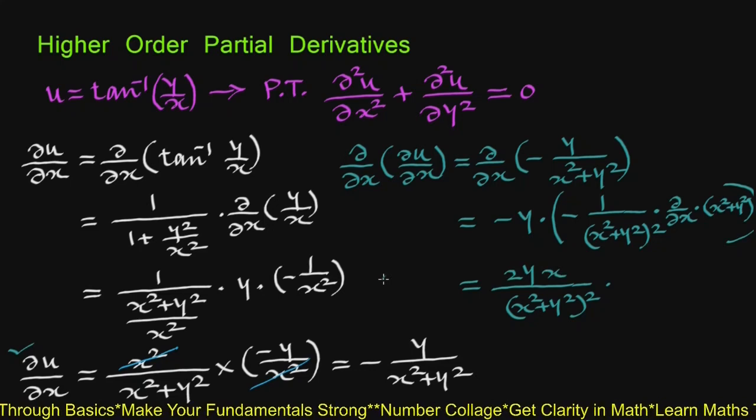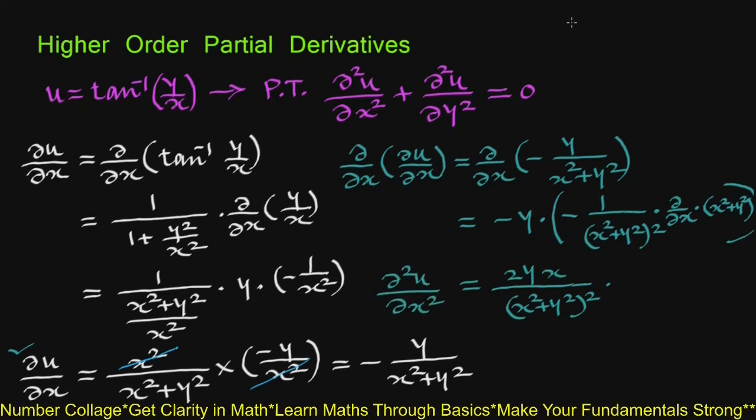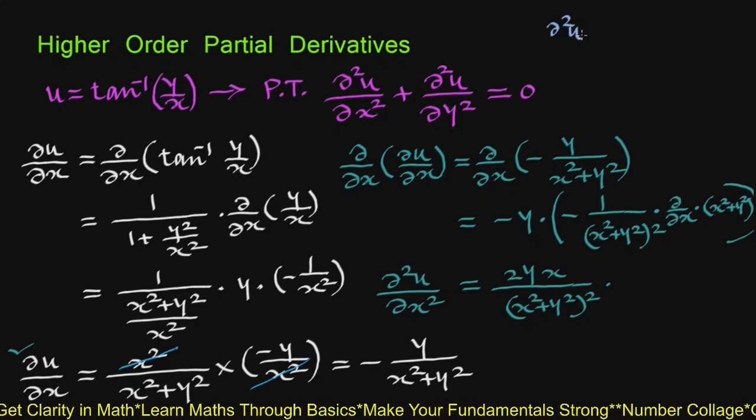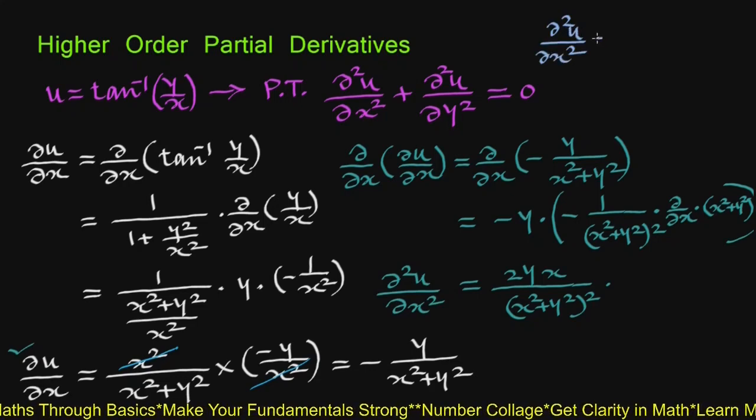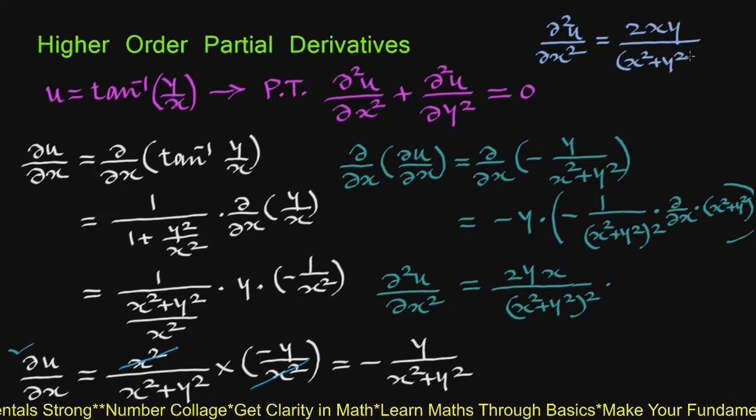So this is ∂²u/∂x². We write it here: ∂²u/∂x² is 2xy/(x² + y²)².